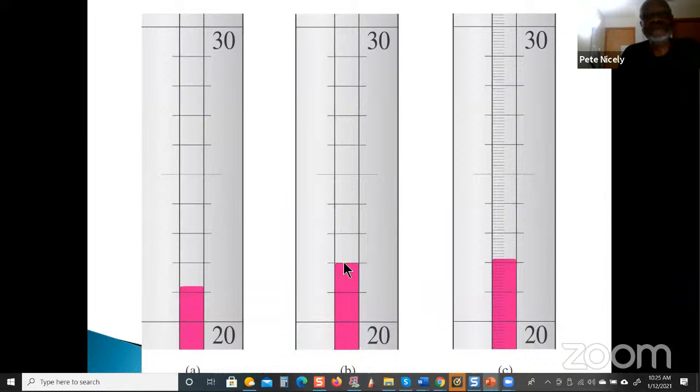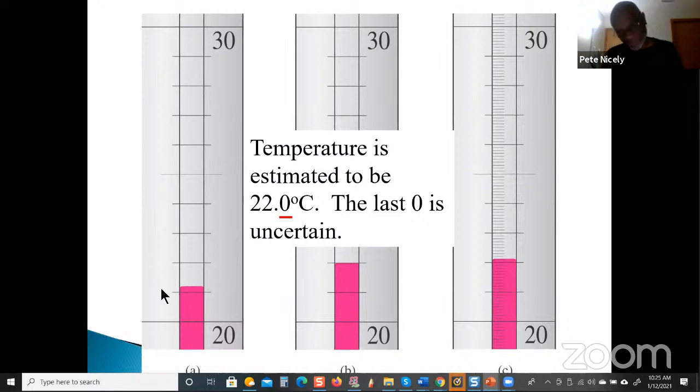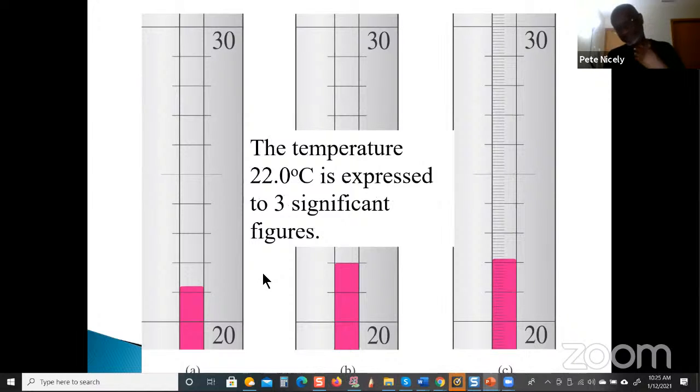In other words, we have to express this to the level of the first decimal place. So by my estimation, this will be 22.0, because you're certain about these 2 digits, the 2 and the 2, but you're uncertain about the 0, because that would be an estimated value for the same reason as we saw in this case. So again, the number of significant figures reflected here would be 3.